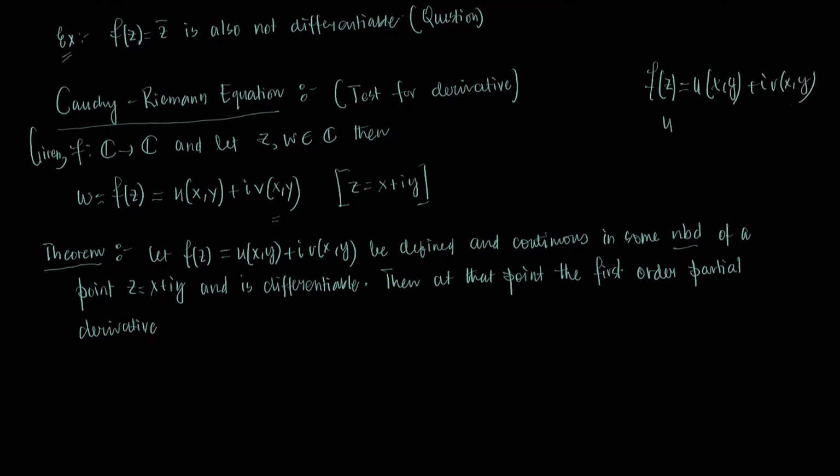What is u and what is v? u is a function from R2 to R, and v is also a function from R2 to R, because x and y you can treat as R2, and the value u(x, y) plus i v(x, y) is R plus iR, which gives you C. Since u and v are real valued functions from R2 to R, the first order partial derivatives of u and v exist.